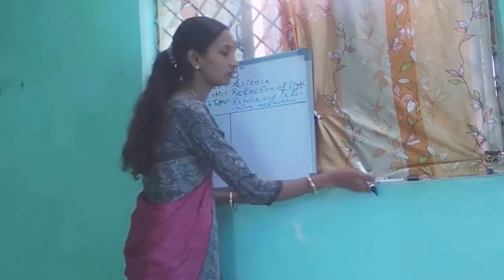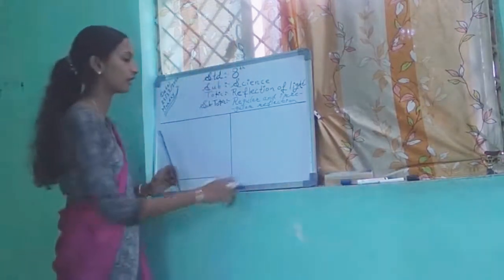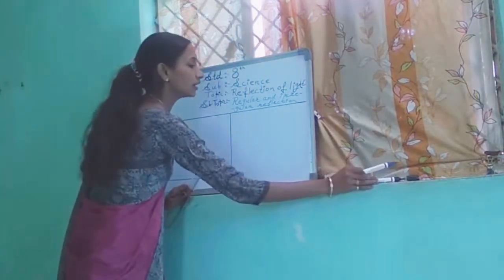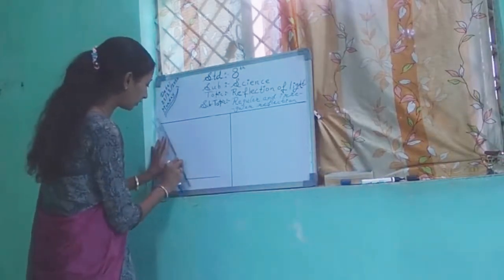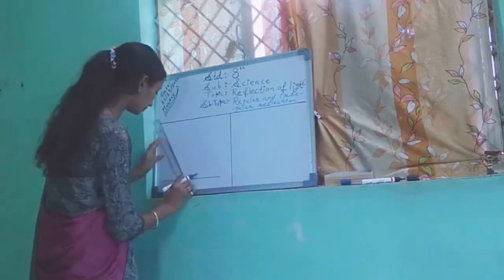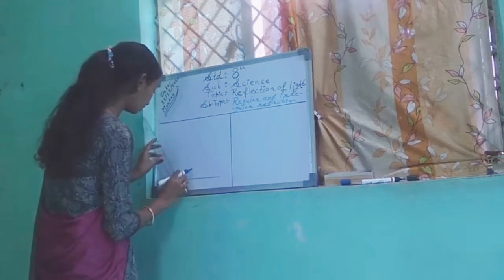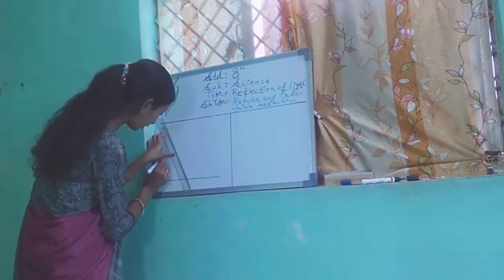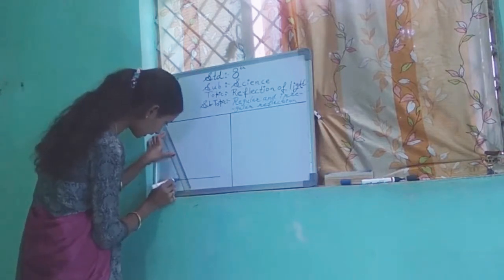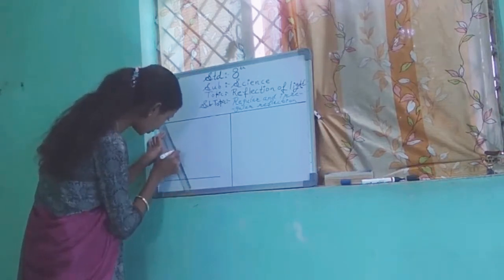As we have seen basic terms of reflection of light, these incident rays will fall here, and they will be parallel to each other.